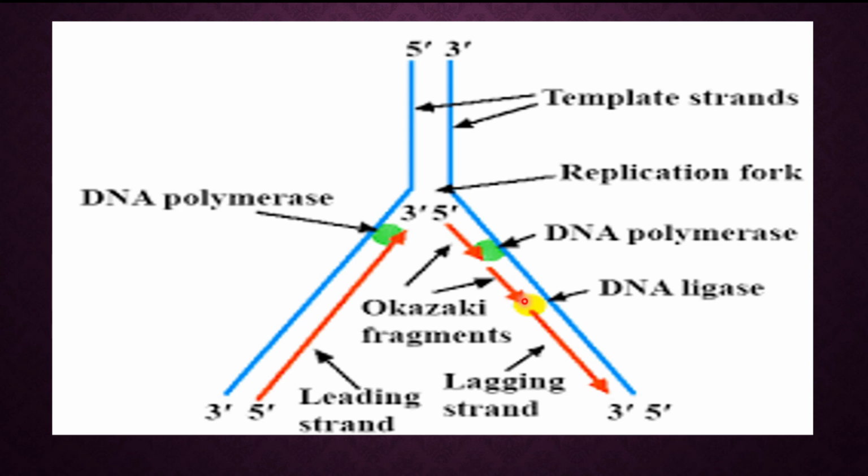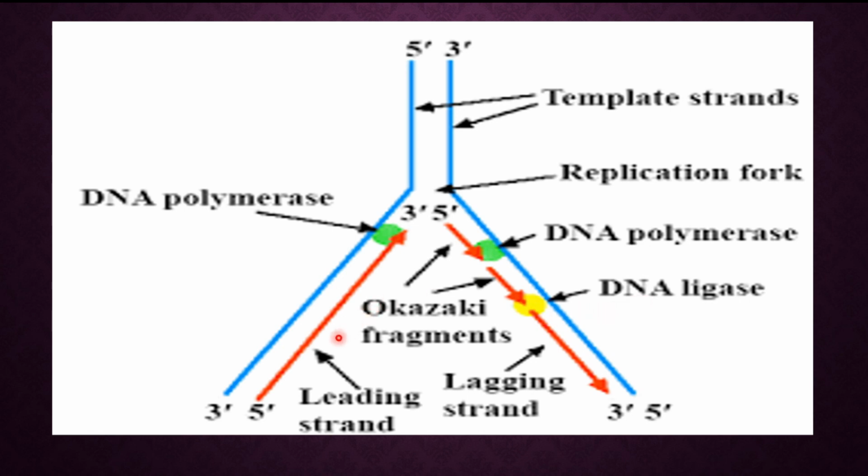But here, the strand formation is not continuous. On the lagging strand, it is in the form of small fragments. These small fragments are called Okazaki fragments, and later on these fragments get joined with the help of the enzyme DNA ligase.